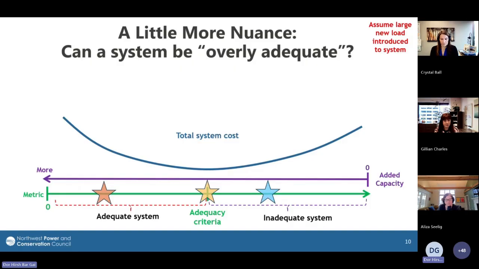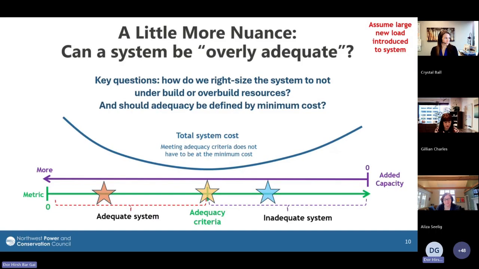And so the goal with adequacy criteria is to try to have a portfolio that just meets the standard. Now you can talk about if 0.11 or 0.09 are very different from 0.1, philosophically speaking, but the idea to take away from this slide is you're really trying to be at a point where once you set a criteria, there's no financial need to be beyond it. However, meeting the criteria does not necessitate being at the minimum cost.